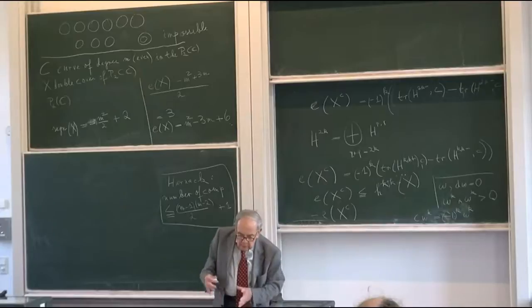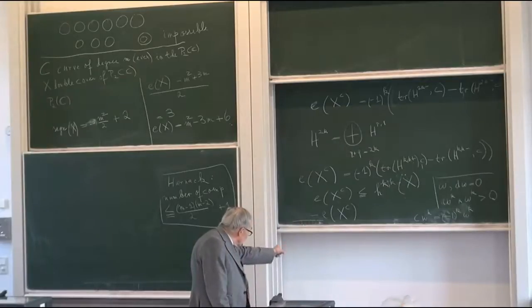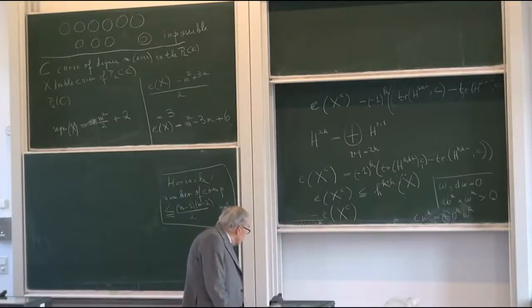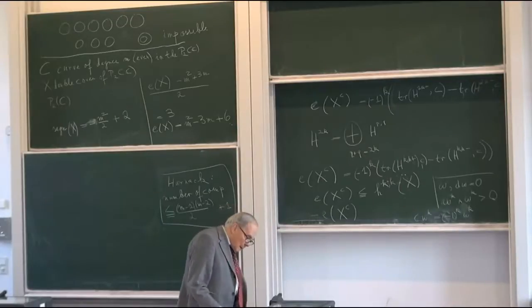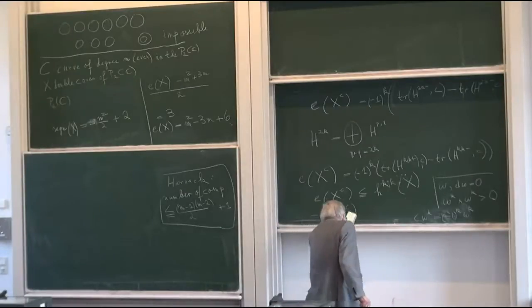There is an element in the middle dimensional cohomology which makes it impossible that, for the negative Euler number, h^{KK} is achieved. This follows from these facts for omega. And therefore we have here an improvement of this estimate.